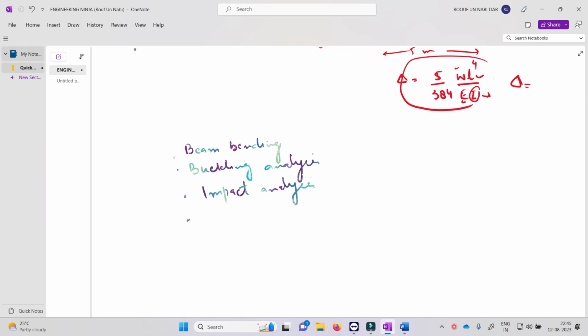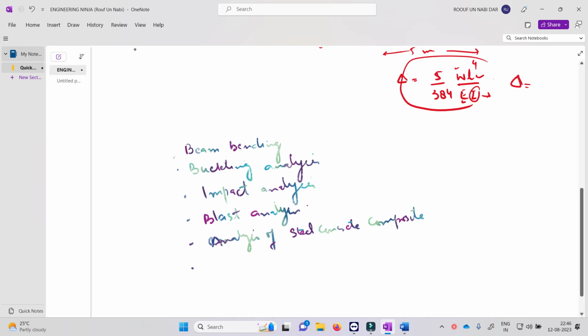We'll also be looking at, suppose, blast analysis, analysis of composite structures, analysis of steel-concrete composite, right?